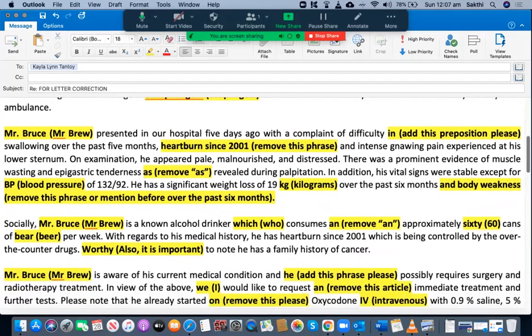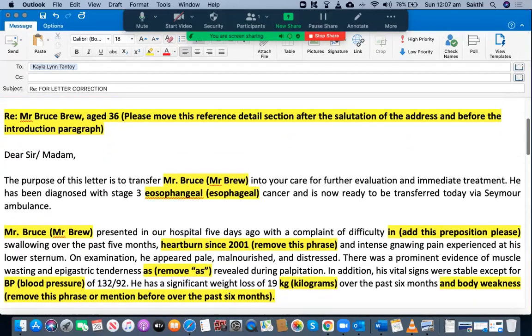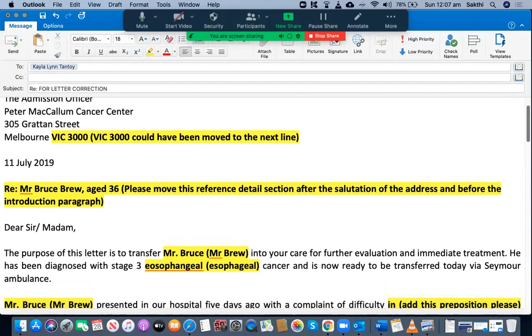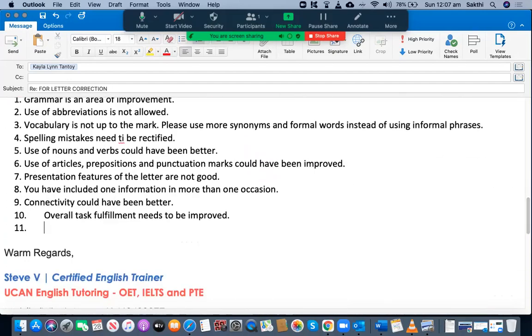So first person nouns need to be used instead of the second person noun. So that's another issue. So use of nouns and verbs needs to be improved. What else? Spelling mistakes, connection, and all these things. Yeah, okay, that's right. Punctuation marks. Okay, I have already mentioned the spelling mistakes.